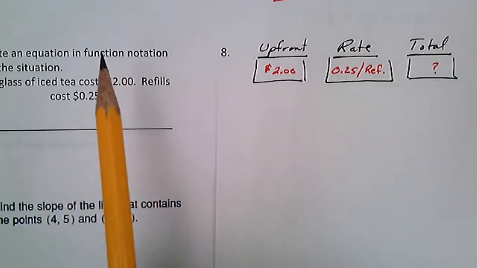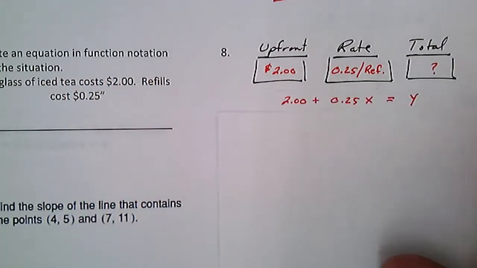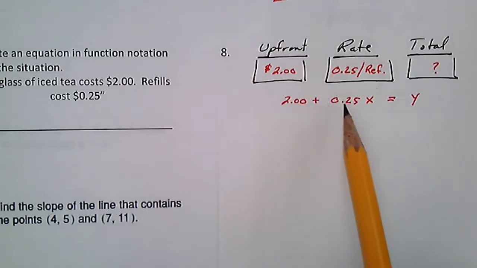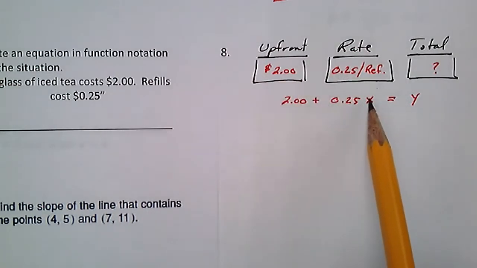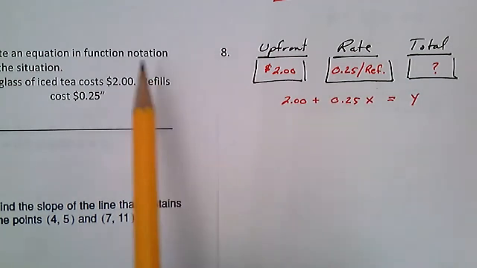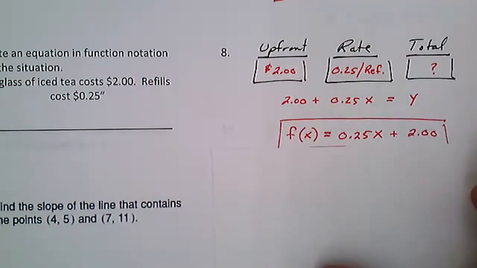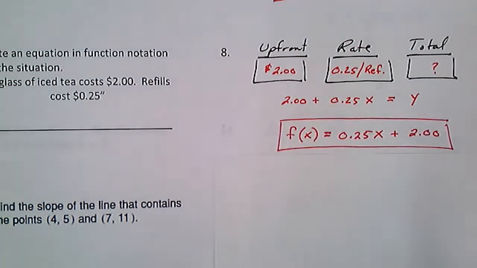Now I'm going to write an equation in function notation. So I'm going to go $2 plus 25 cents per x. That's going to be my number of refills, equals y. And now if I want it in function notation, I am going to rearrange things.